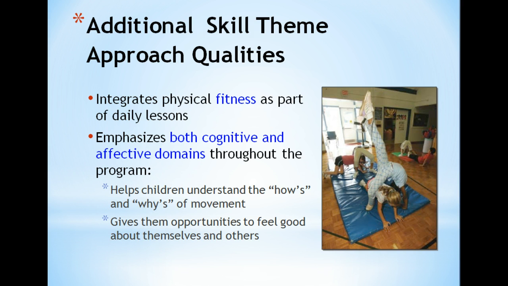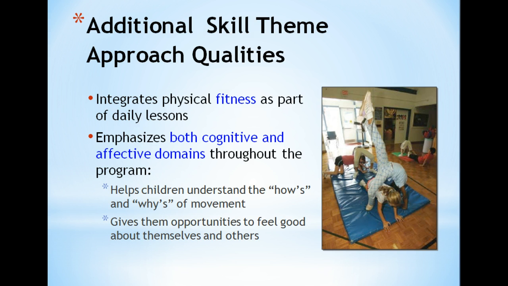Lastly, the cognitive domain for us in this class, teaching the 3, 4, 5, and 6-year-olds, means that we're going to be teaching them about academic language, or the movement vocabulary that they need to know to be able to understand what's going on in physical education.